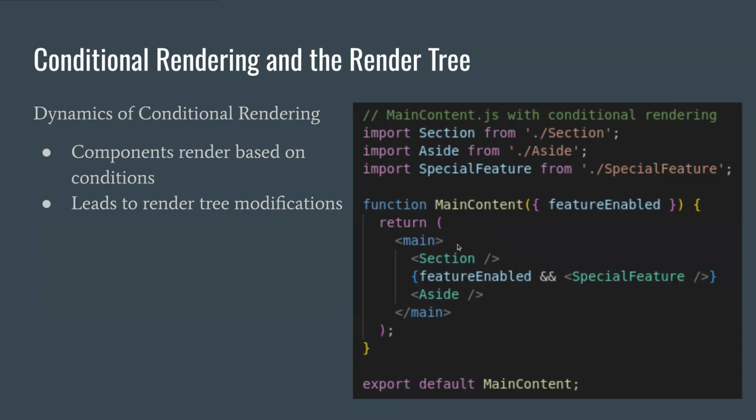So, for example, MainContent might conditionally render a special feature component based on the value of featureEnabled. And this flexibility demonstrates how the render tree is dynamic, changing with each render pass to reflect the current state of the app's UI.